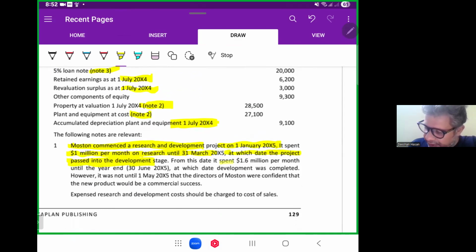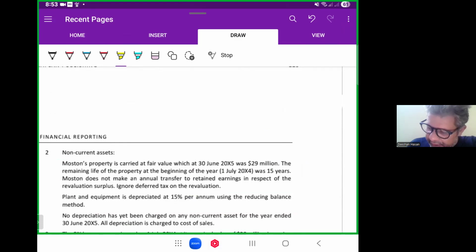From this date, it spent 1.6 million per month until the year end 30th June 2005, by which the development was completed. However, it was not until 1st May 2005 that the directors of Moston were confident that the new product would be a commercial success. Expensed research and development cost should be charged to cost of sales.